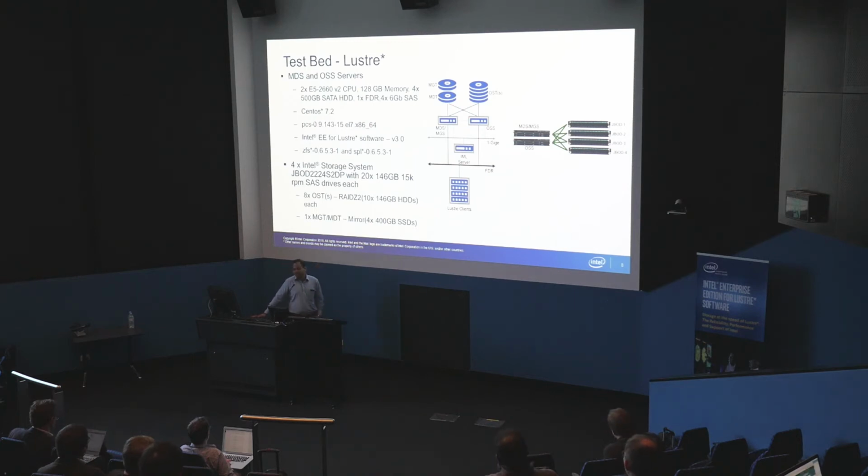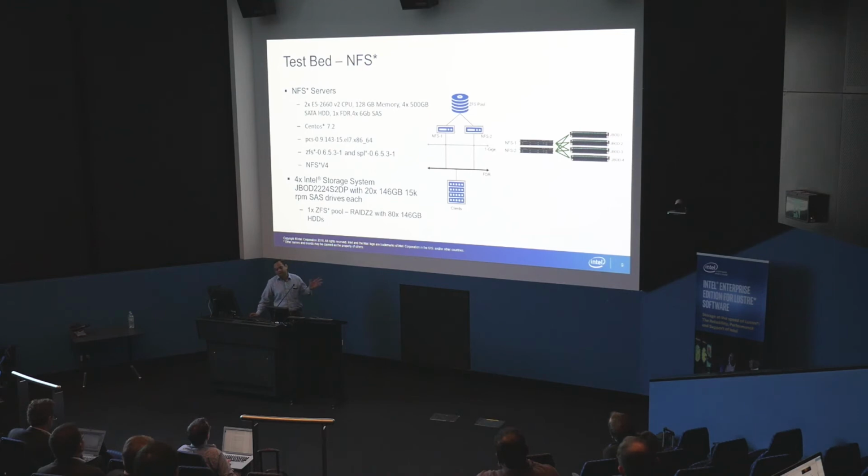For ZFS, we used the one bundled along with the Enterprise Edition Lustre, that is ZFS 0.6.5, and we used the typical Corosync and Pacemaker along with the Intel-developed HA resource agents to handle the ZFS export, import, etc.